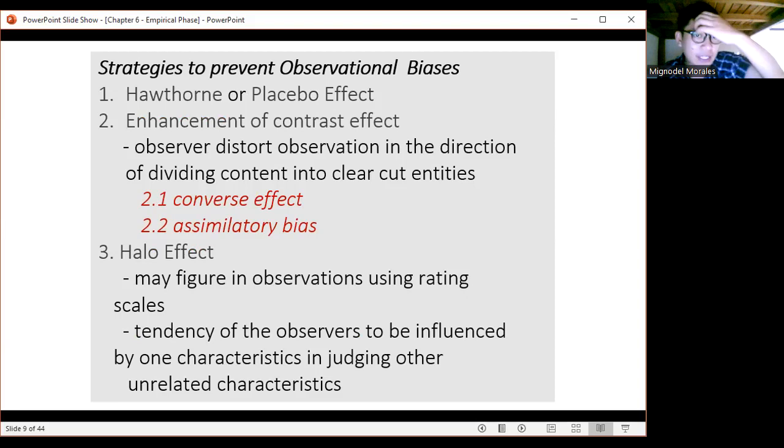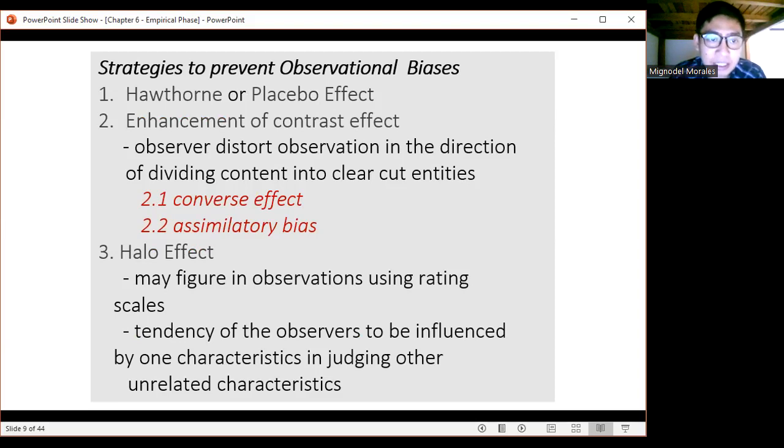With the Hawthorne effect, because they are being observed, the respondents will portray the best or acceptable practices. In the enhancement of contrast effect, the observer distorts observation by dividing content into clear-cut entities. You have converse effects and assimilatory biases.